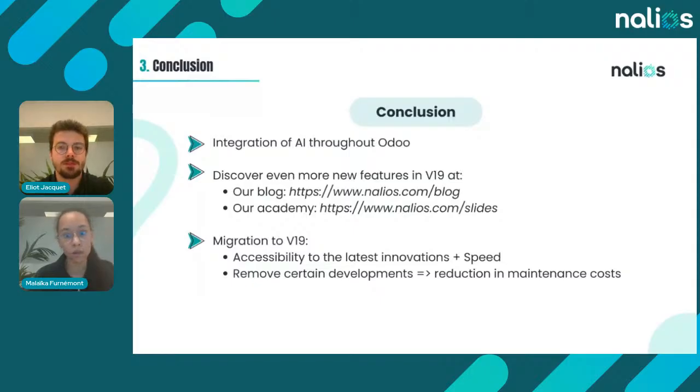It can also help you reduce some maintenance costs if you have developments in your database. So for instance, if a development that you have made exists in standard in the native behavior of Odoo V19, you will be able to remove this development, and it will help you to reduce your maintenance costs.